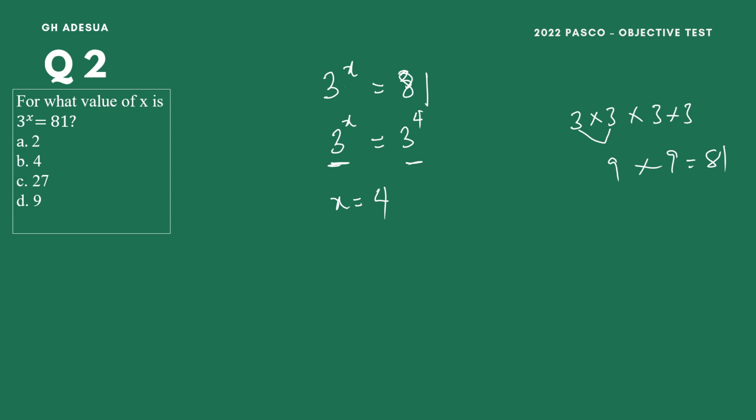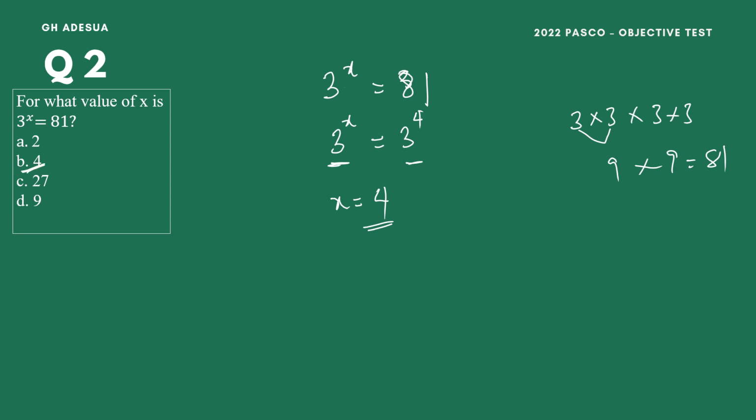So we now converted the 81 into its indices form. Then we realize that it takes 4 times of the 3 to give us 81. Now that the bases are the same, we just proceed to equate the powers. Then from there we had x is equal to 4, which is our final answer. Then we have from our options as B.